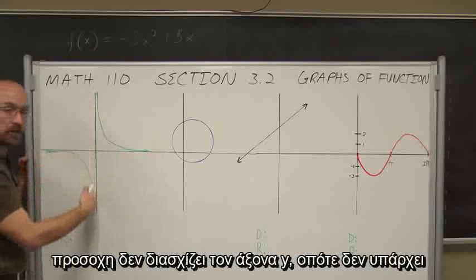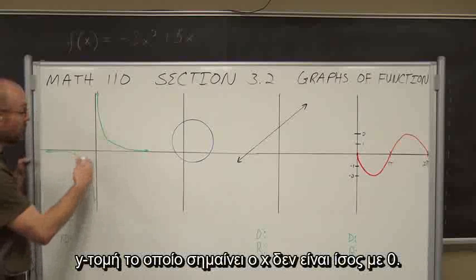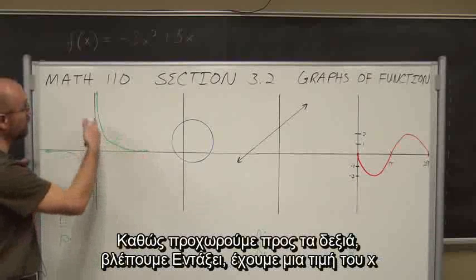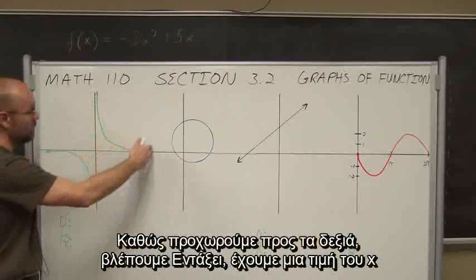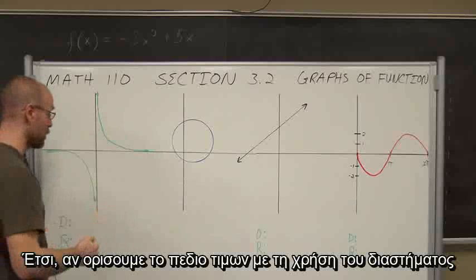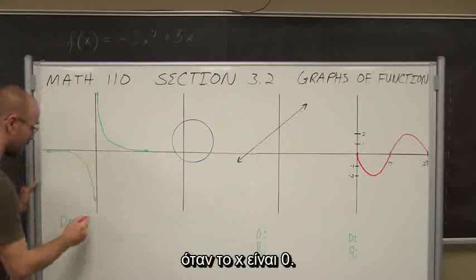Notice it doesn't cross the y-axis, so there is no y-intercept, which means x is not equal to 0. As we move to the right, we have a value of x as we move to the right. So if we're going to write the domain using interval notation, the only value that's not on our graph is when x is 0.